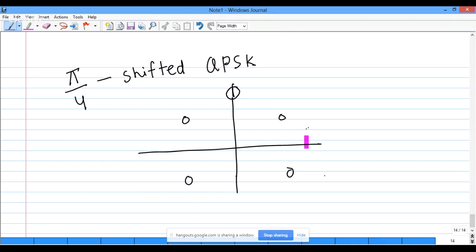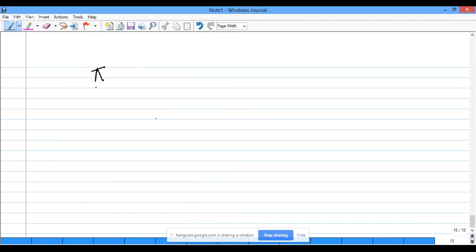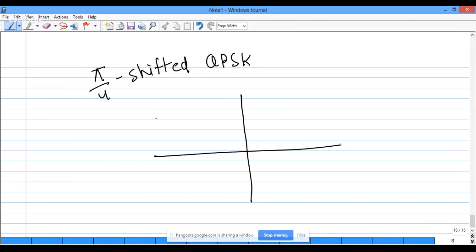In pi by 4 shifted QPSK, we have a regular constellation, and together with that we have a constellation which is pi by 4 shifted.